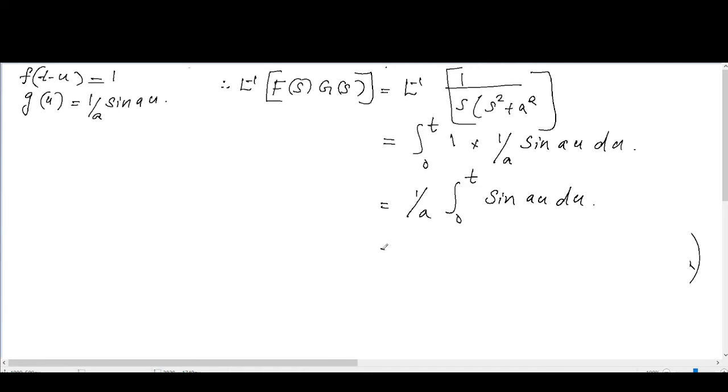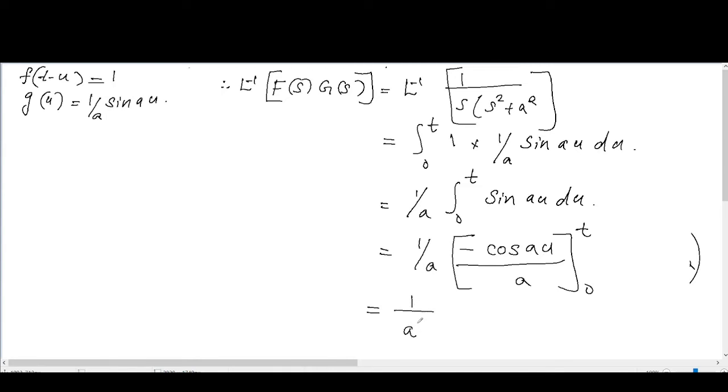Now you integrate this. So this is 1 by a into, now what is the integral of sine function? Minus cos. So minus cos a u divided by a from 0 to t. So that is equal to 1 by a square into, when you put the upper limit, it is minus cos a t.